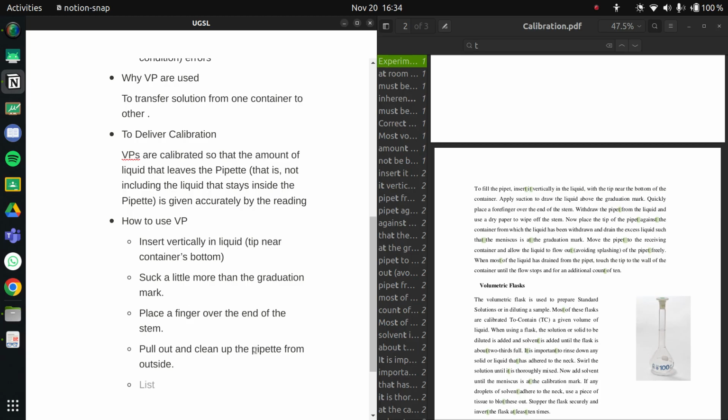Move it to the receiving container and allow the liquid to flow out. Avoid splashing. Let the liquid drain from the pipette freely. When most of the liquid has drained from the pipette, touch the tip to the wall of the container until the flow stops for an additional count of 10.